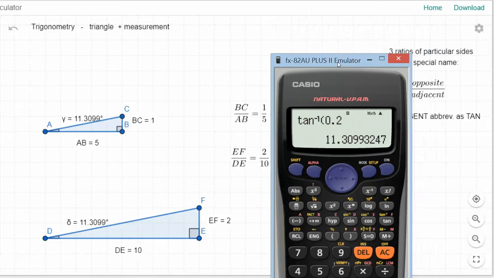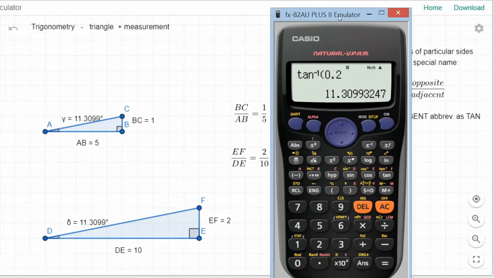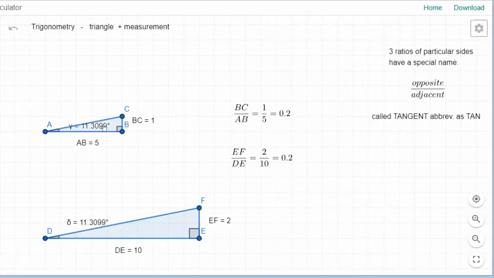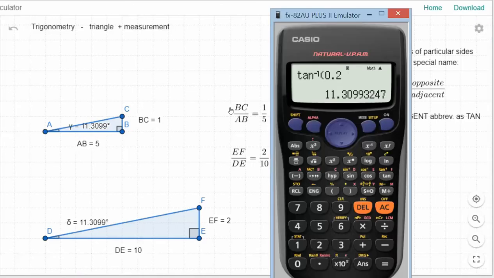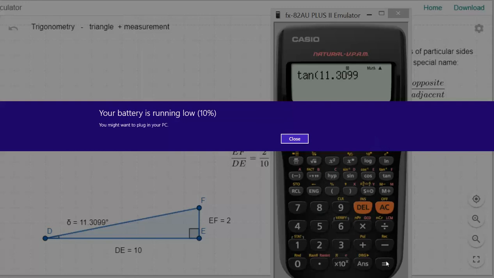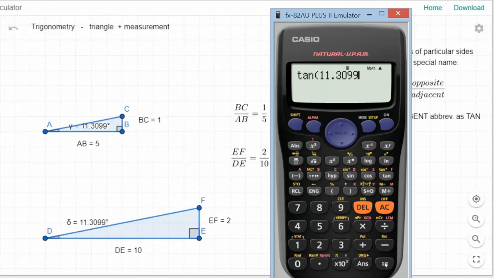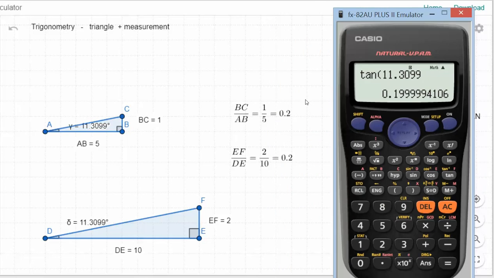In this video I've looked at a particular trig ratio, the tan ratio, which is always the opposite length over the adjacent. You can use the calculator to find what the actual tan ratio is by just taking the tan key and typing in the angle. So here 11.3099, and we get 0.199 something, which matches the 0.2.